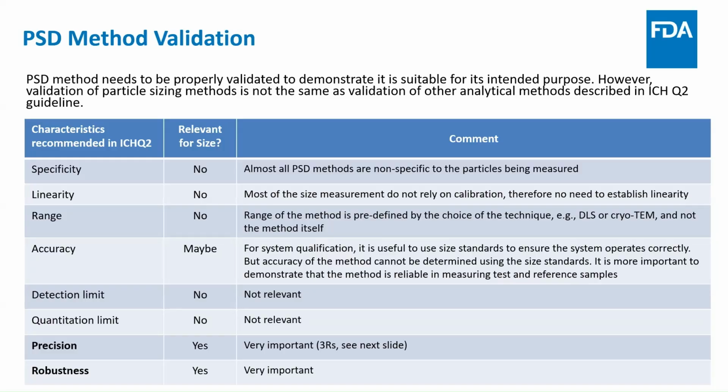The question is, if you can measure a polystyrene bead of 2 micron accurately, exactly getting the 2 micron value that is matching what's on the label of that vial of the size standard, do you have confidence about the sample? Does it automatically mean the method that an applicant is going to use to measure their sample is going to be accurate? I can tell you those two things are not related at all.